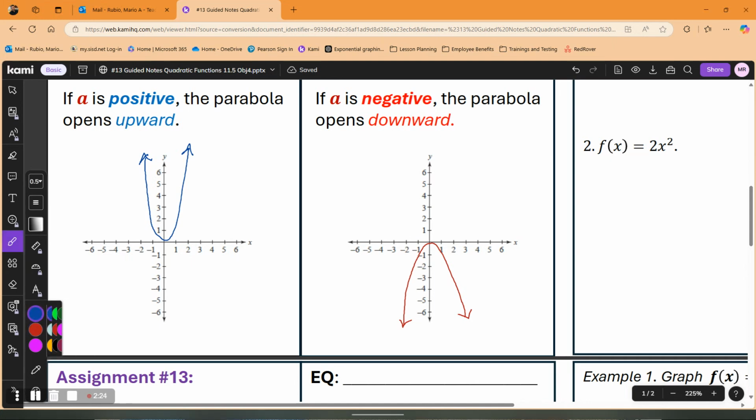I'm going to put a little positive here, a little negative here. When we say point up, it means the little arrows at the ends are going up. We're going to define in a few videos that when it's pointing down, this is called the max, and when it's pointing up, this is called the minimum. But we're going to define that in another video.